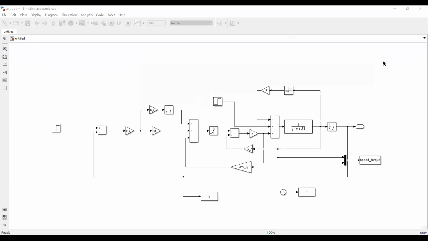Yeah, you press the run button, then you plot it in MATLAB. Press the run button, it is running only. Plot t comma y. This parameter value you check, this J and B1, everything.